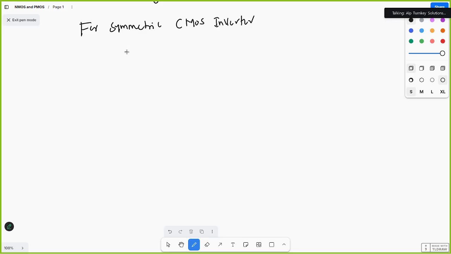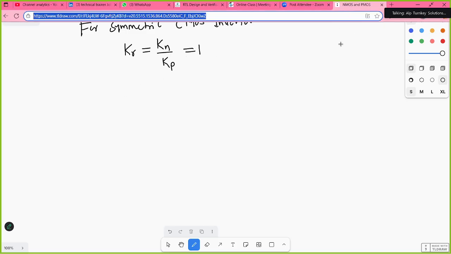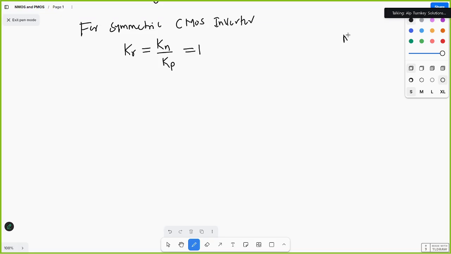So Kn by Kp equals what? 1. This is a relative thing, KR equals Kn by Kp, which we approximate to 1. We use this approximation when we calculate noise margin, VIH and VIL, where you will get a big formula.